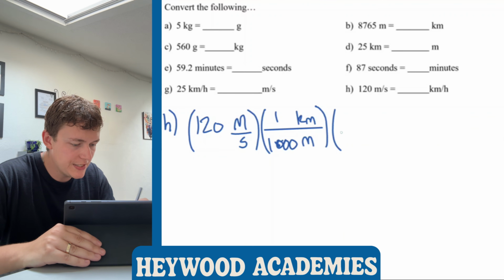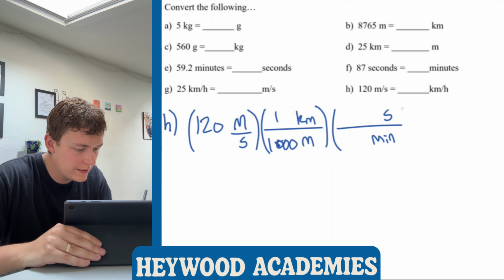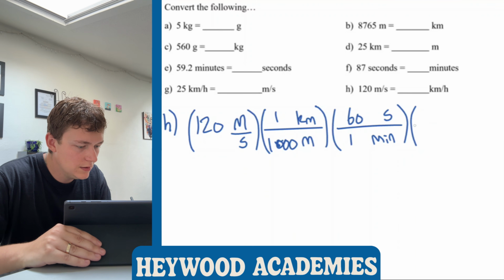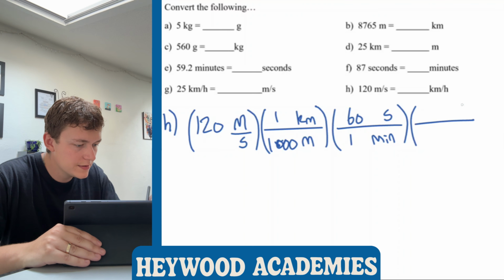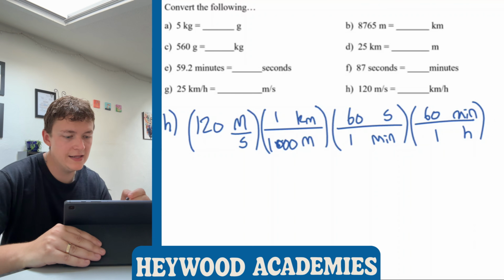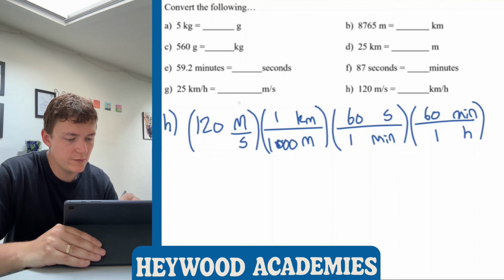Okay, and then we got to go seconds to minutes. So let's put the seconds on top, minutes on the bottom. 1 minute, 60 seconds. And then let's go minutes to hours. So we got minutes up here, hours on the bottom. 1 hour, 60 minutes.